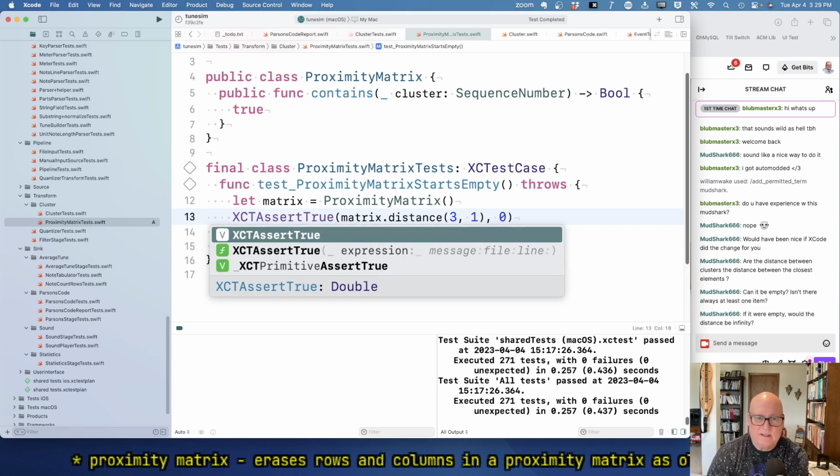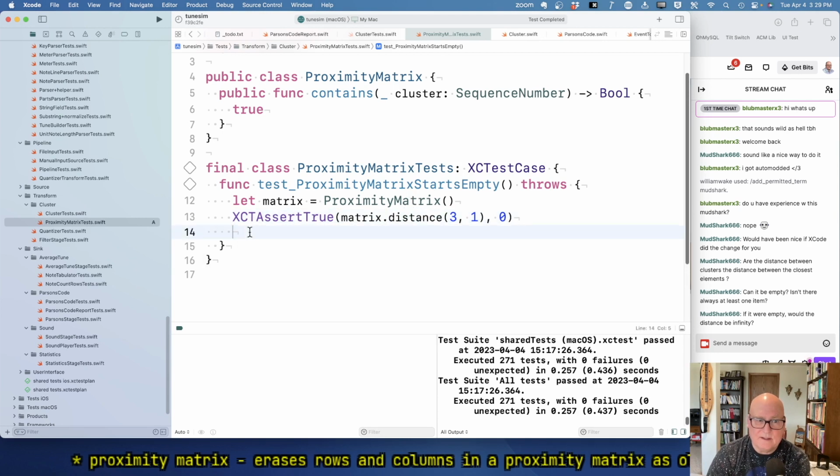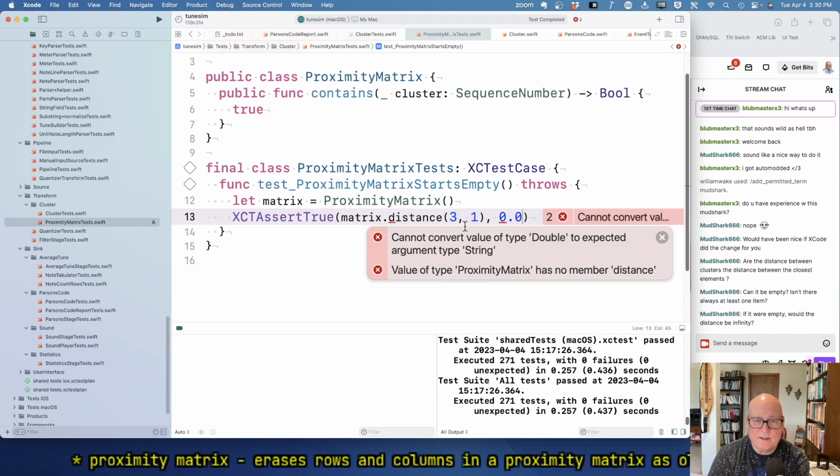But that means distance is not correct. Okay, convert int to expected type string.